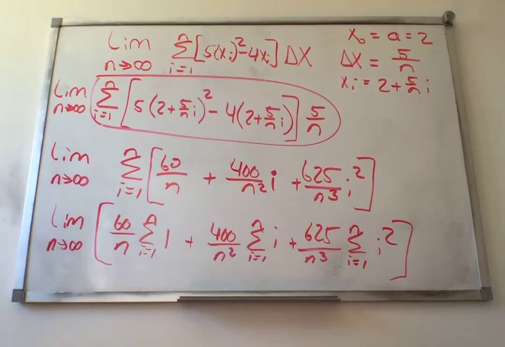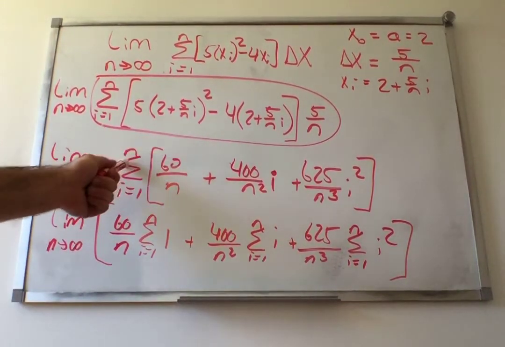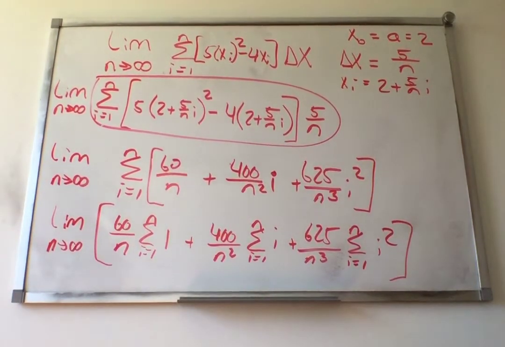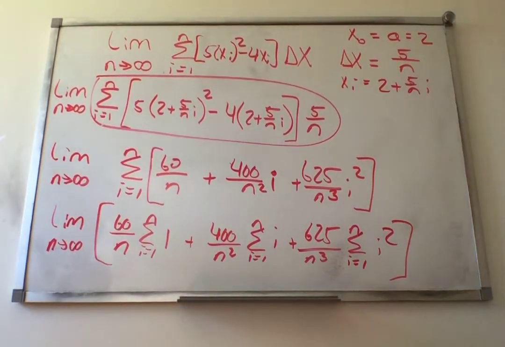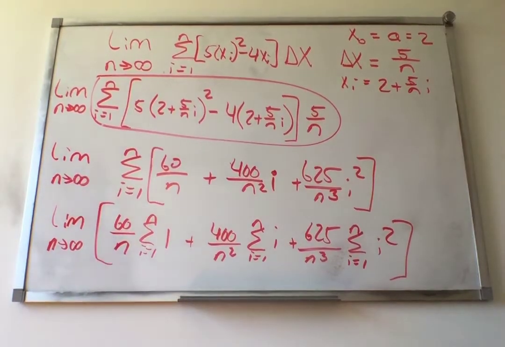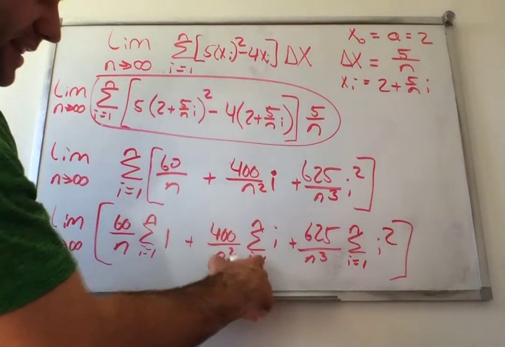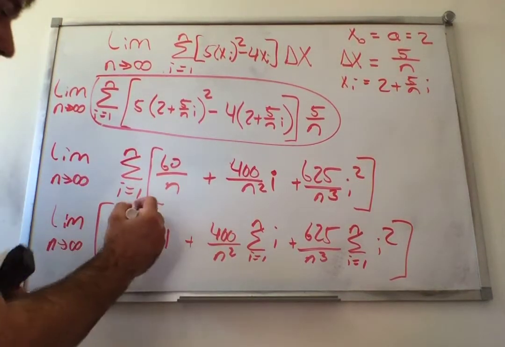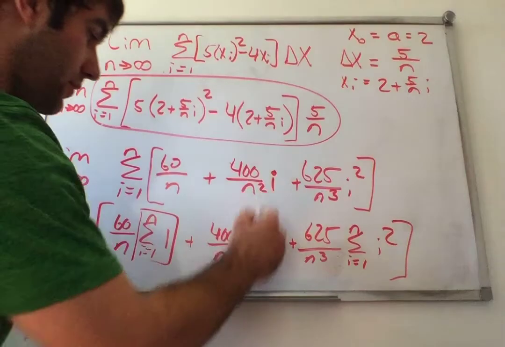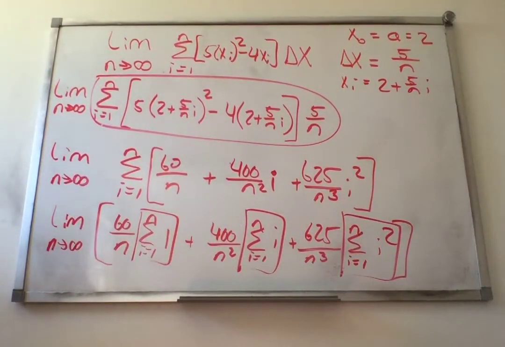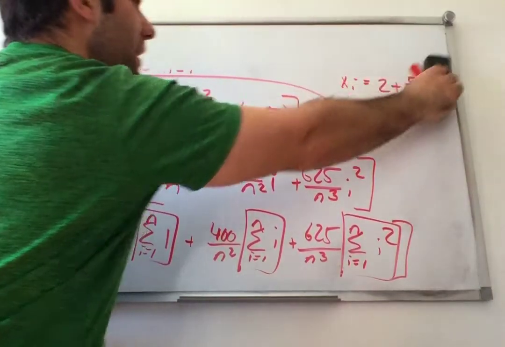So all I did was distribute the sum to each piece and factor out any constants. Alright, so I need some more space. I'm going to leave the bottom expression because we're going to look at these sums right here, and see what they're equal to. We actually don't need anything else.